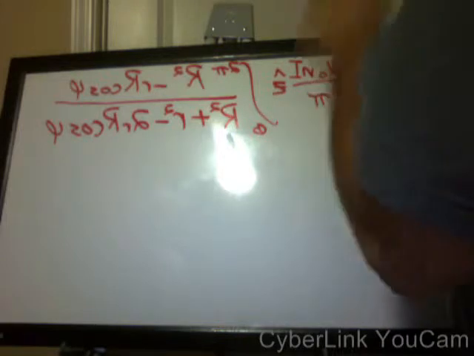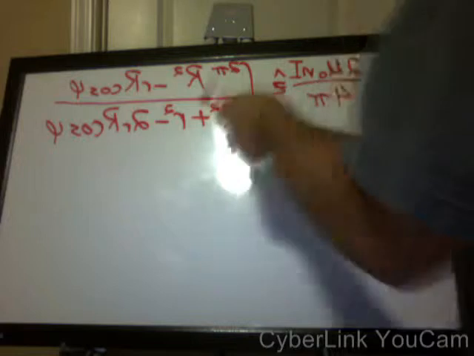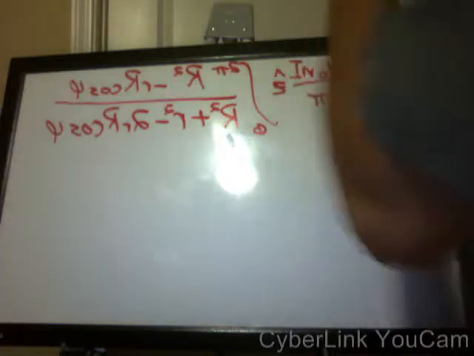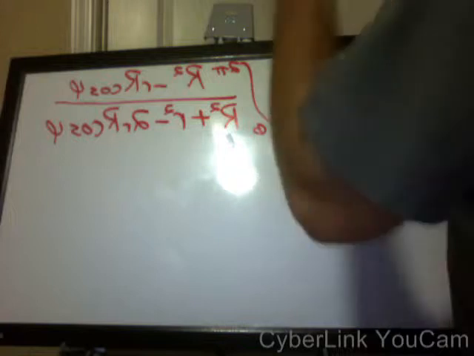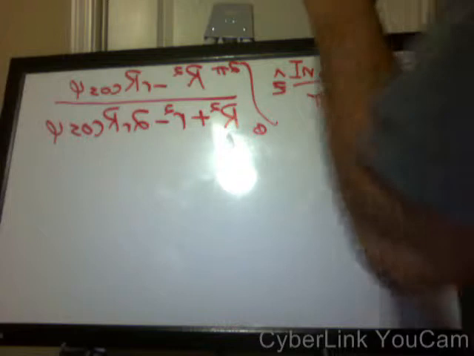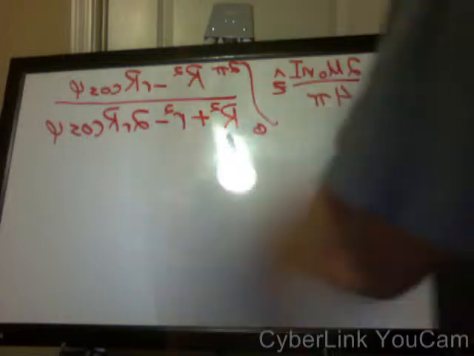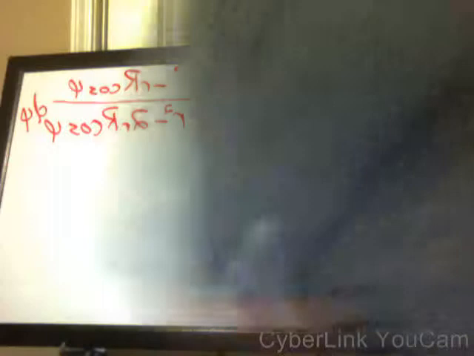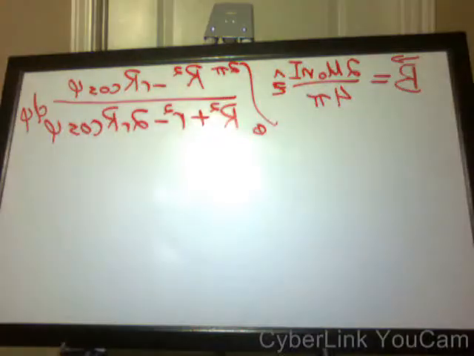You have big R squared minus little r times big R cosine phi divided by big R squared plus little r squared minus 2 little r big R cosine phi. And this is all with respect to d phi.